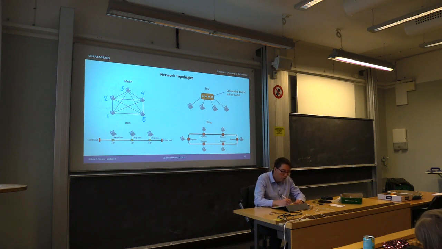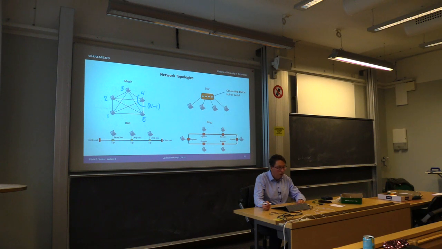So we see here that node 4 has 4 outgoing cables, right? Why is it 4? Because the total number of nodes is 5, so in the general case, if we have n nodes, it needs to be connected to n minus 1 nodes.